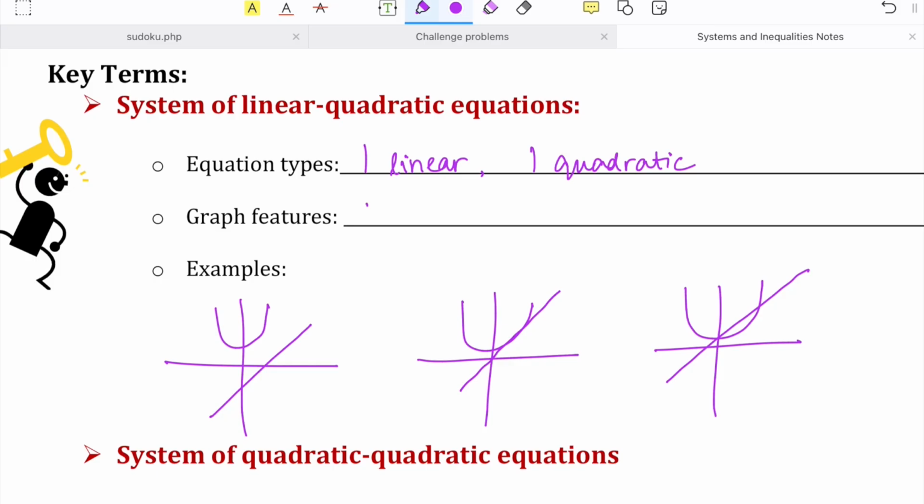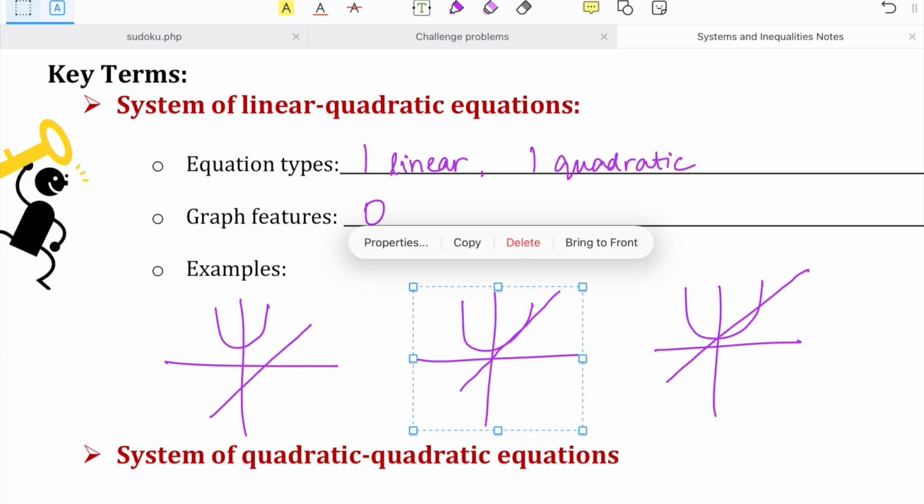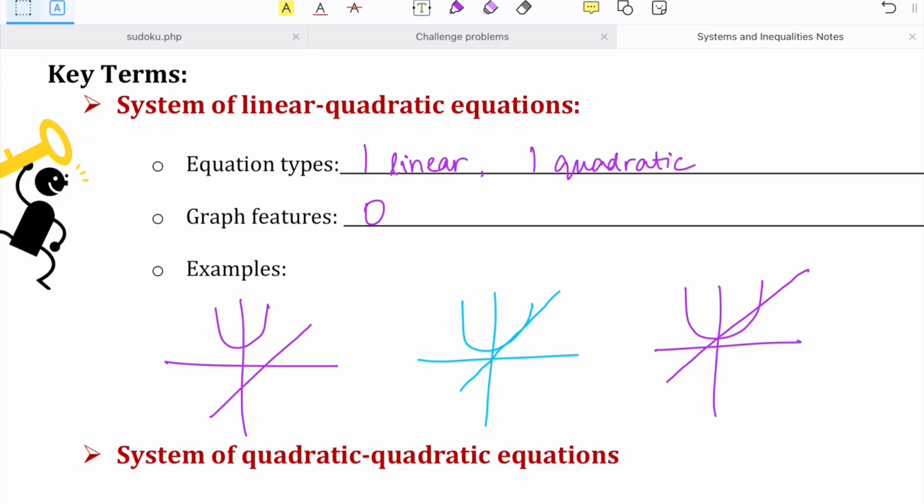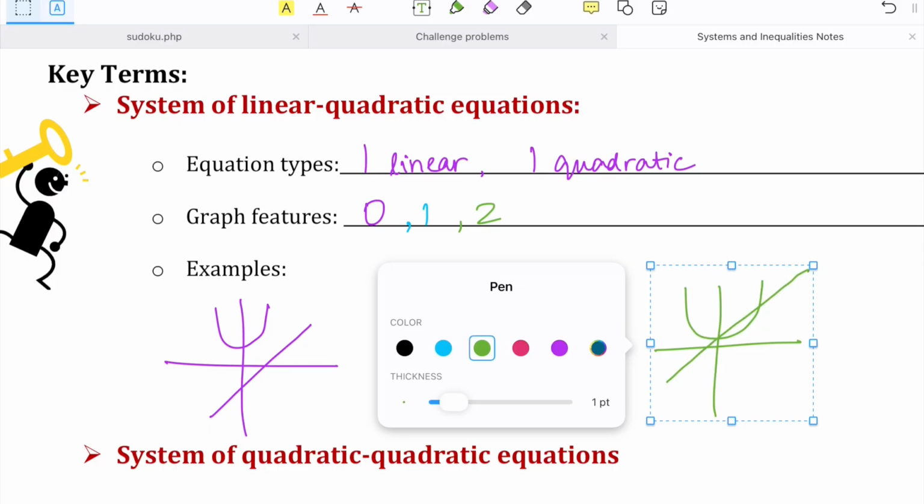Your graph features: there will be zero solutions, as you can see in the first graph. There can be one solution, as you can see in the second graph. And there can be two solutions, as you can see in the third graph.